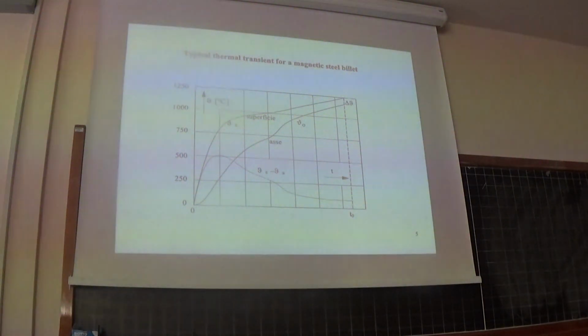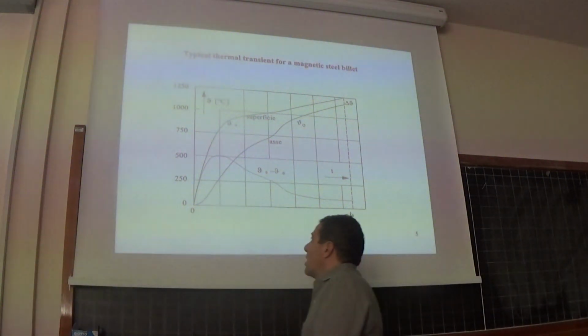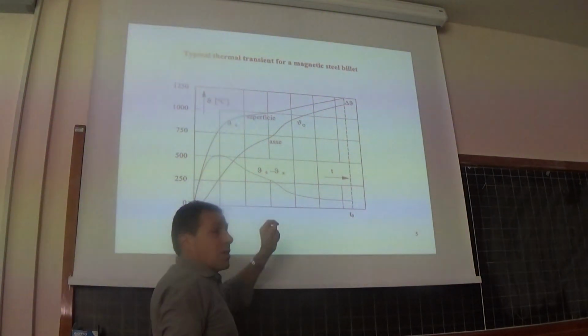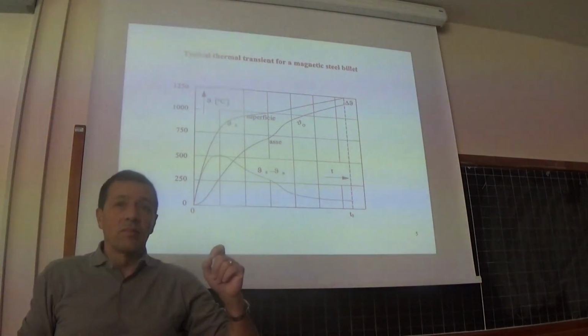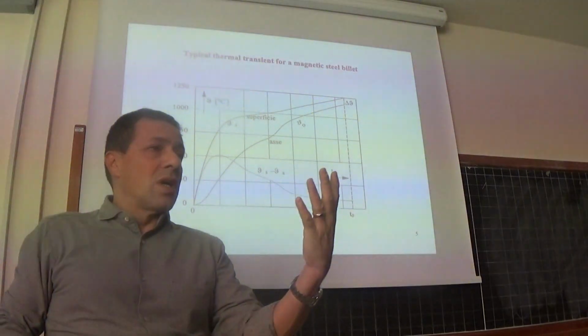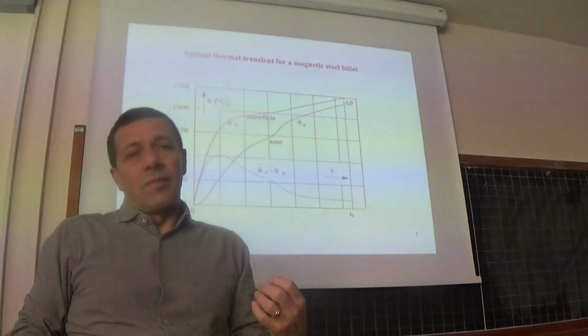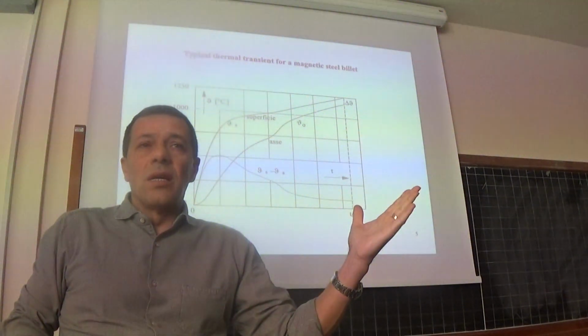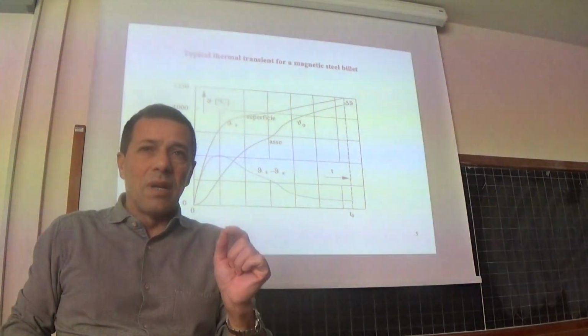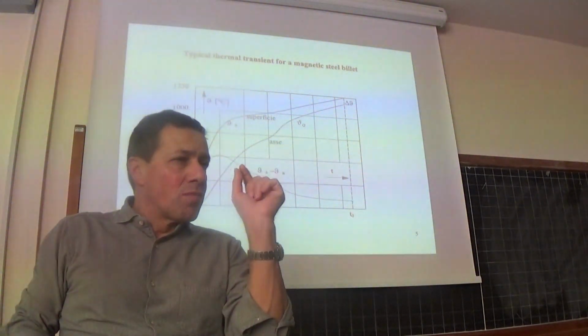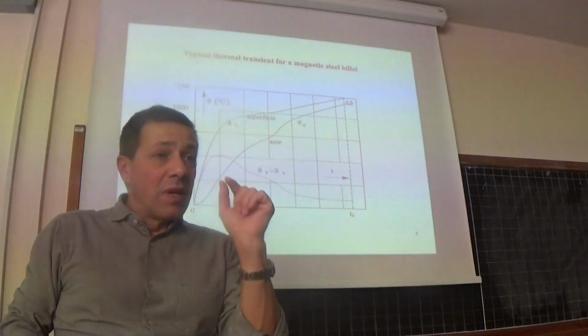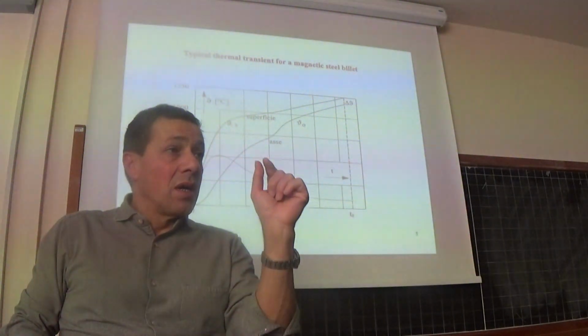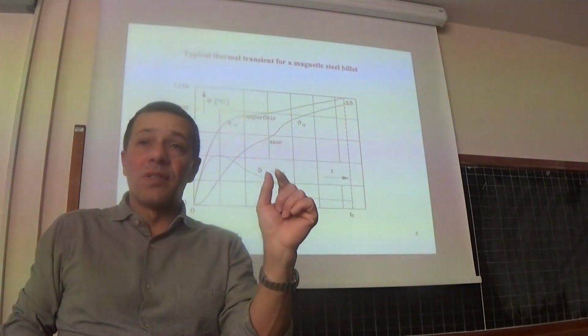And the third behavior, which is really important, is the temperature difference. Because in any case, especially because at the beginning of the process the material is completely magnetic, we have a very small penetration depth. It means that the power density is mainly concentrated on the surface.